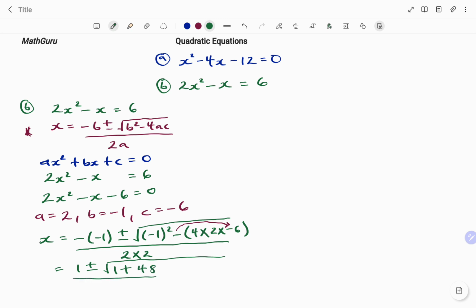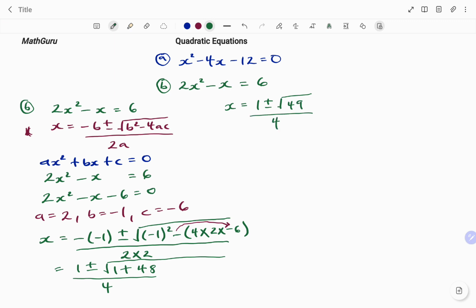Divided by 2 times 2, that's 4. If I go ahead, I have the value of x equals 1 plus or minus the square root of 48 plus 1, that's 49, divided by 4.